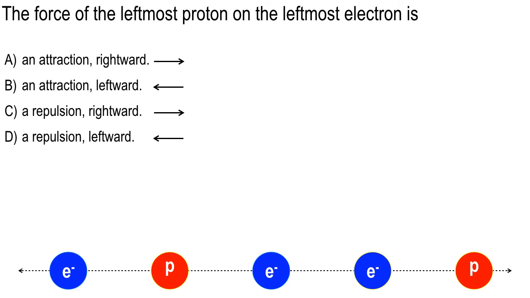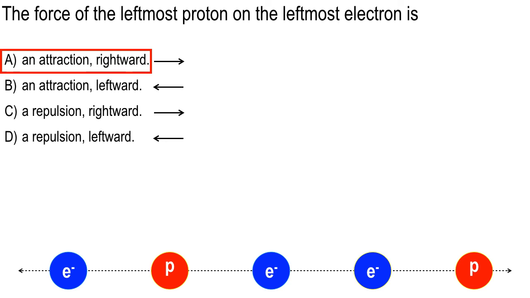Okay, let's see what you guys voted for. Uh-oh. We got a little explaining to do here. The correct answer is A. It's an attraction rightward. This electron is attracted to this proton. The proton is to the right, therefore the attraction force on the electron is to the right.